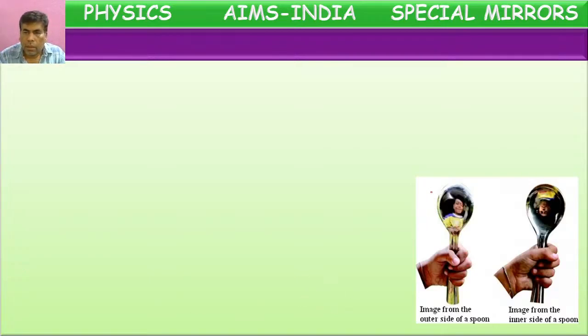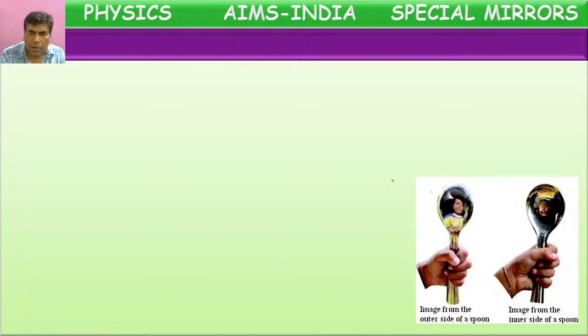In your daily life, you might have observed spherical mirrors, but you might not have given much attention to them. Around your surroundings, you will find many kinds of spherical mirrors.